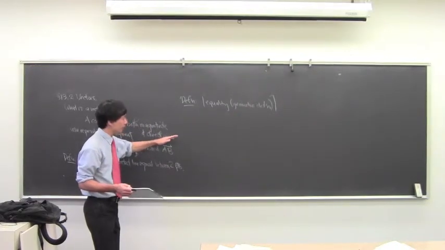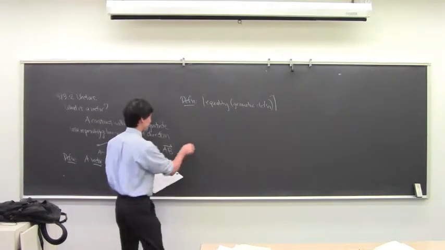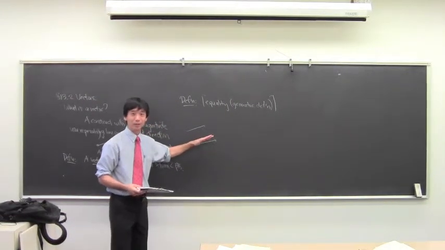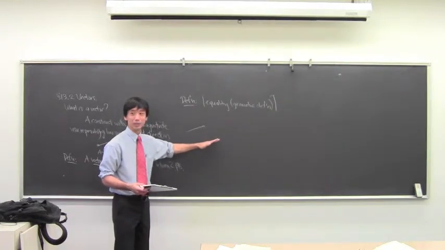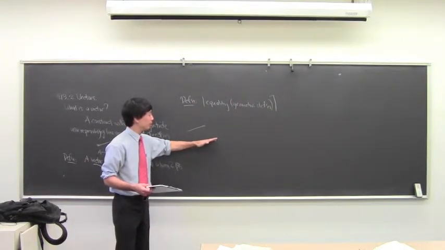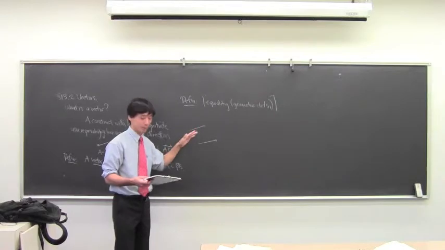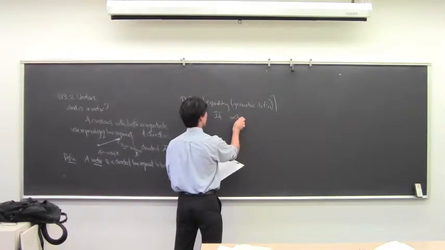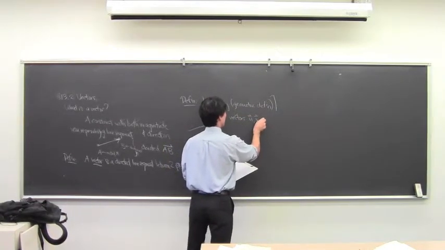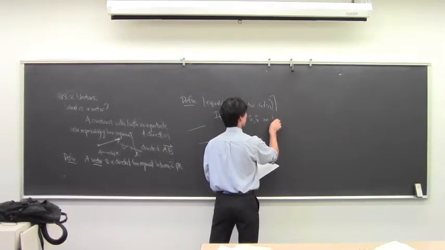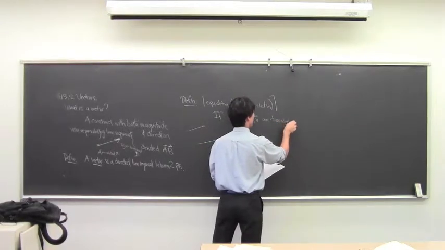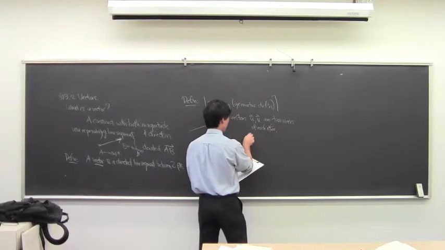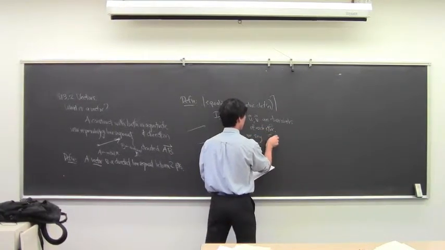So more pictorially, we say that if you have one vector and another vector, and you can slide them over. This is not a very good definition, but this is what we're going to say. If you can slide it over and they're equal to each other, it's the same. So if vectors u and v are translates of each other, we say that they are equal to each other.